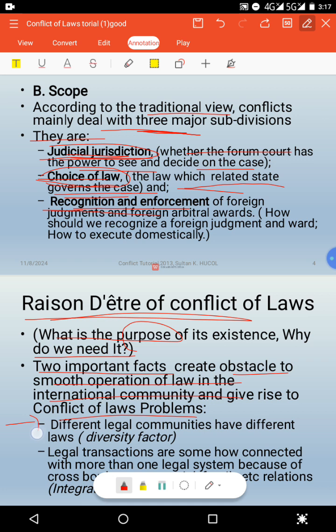The first one is that different legal communities have different laws, or the diversity factor. If different legal communities or societies have different laws, it is called the diversity factor. The main reason that we have conflict of laws is this diversity factor: different legal communities have different laws.